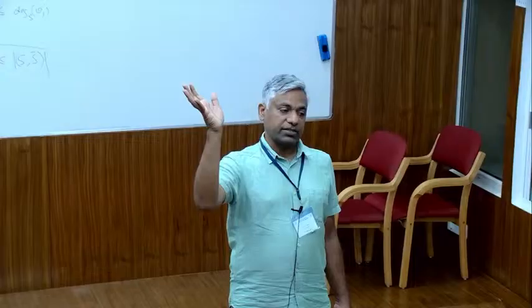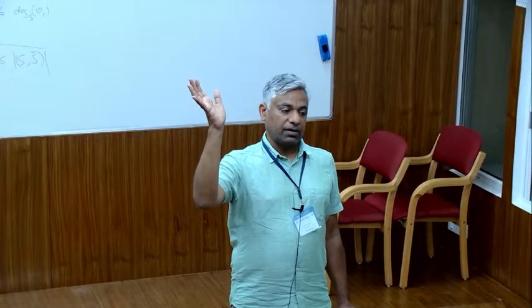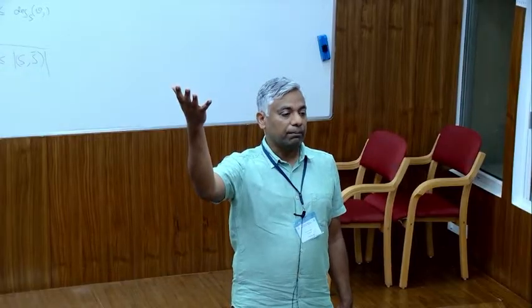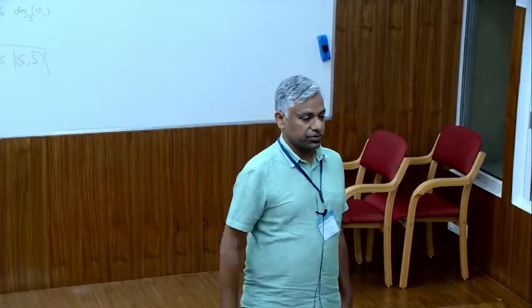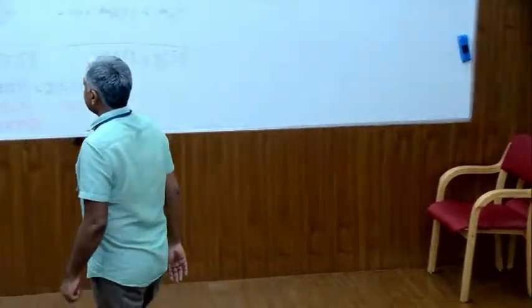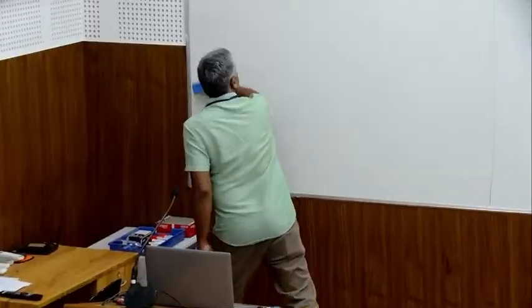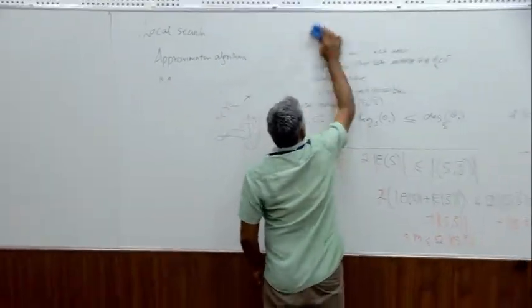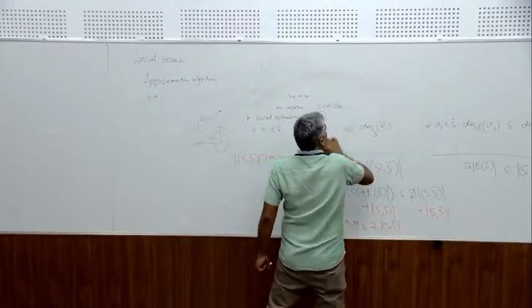Yeah, it's never decreasing. And it can go from 0 to M, the number of edges, so at most M steps. Okay. So now, let me give you something more non-trivial.